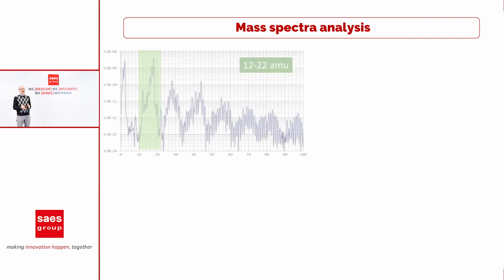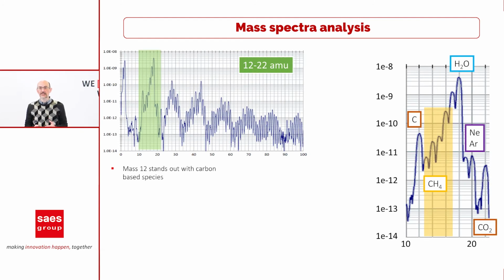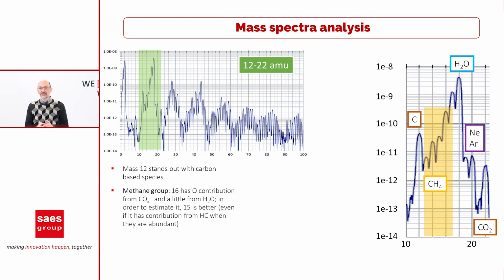Second part, 12 to 22 atomic mass units. Mass 12 stands out in the spectrum when there's much carbon due to hydrocarbons or CO or CO2. The group of methane is important to understand the spectrum.